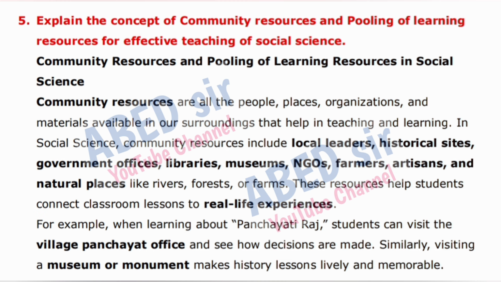These resources help students connect classroom lessons to real-life experiences. For example, when learning about Panchayati Raj, students can visit the village Panchayat office and see how decisions are made. Similarly, visiting a museum or monument makes history lessons lively and memorable.